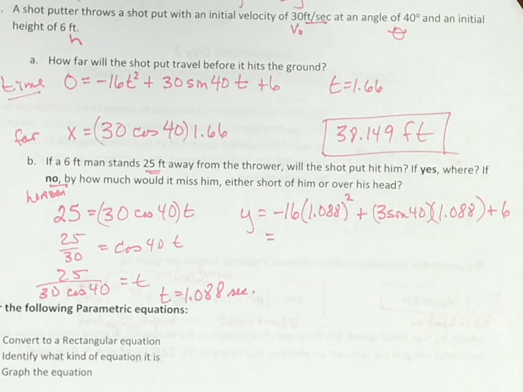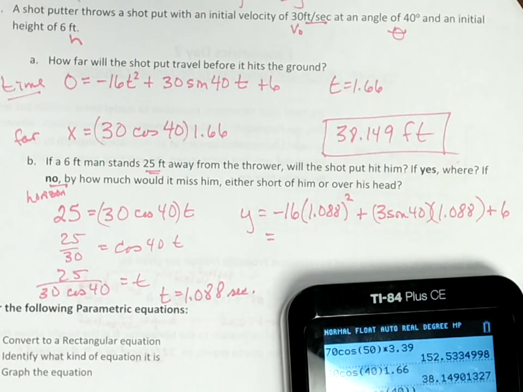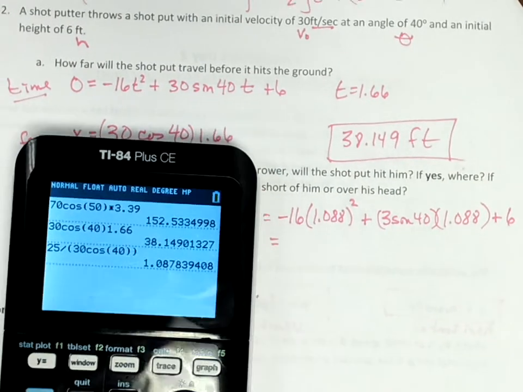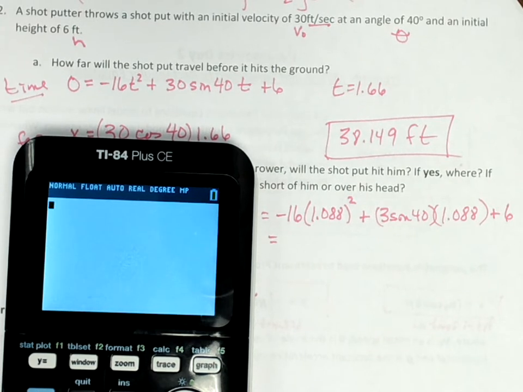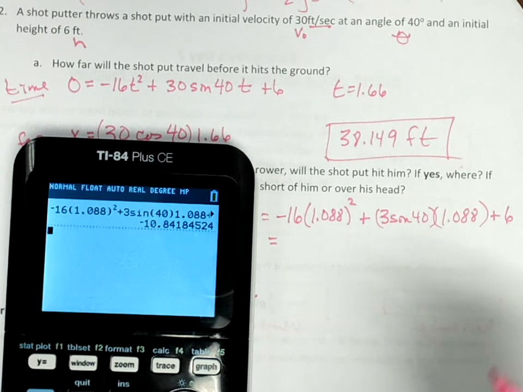Go to my calculator. Negative 16, let me clear that out. Negative 16 times 1.088 all squared plus 3 sine of 40 times 1.088 plus 6.